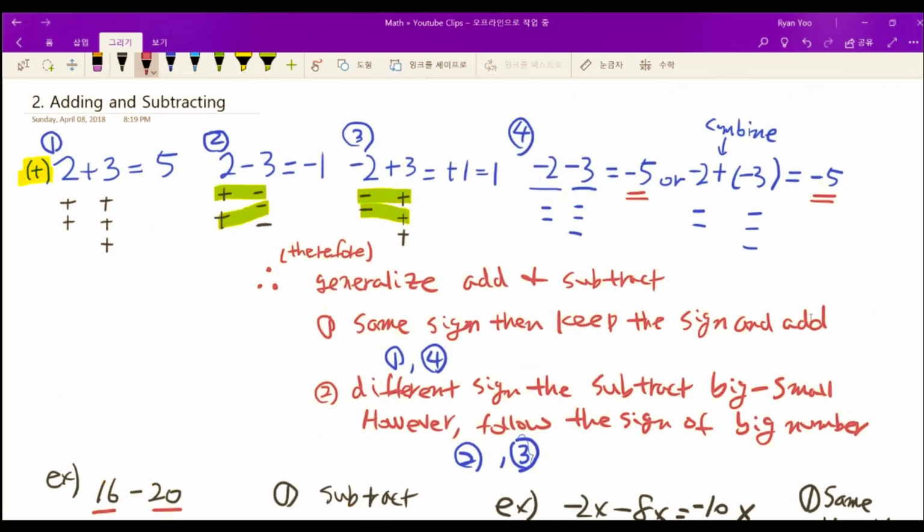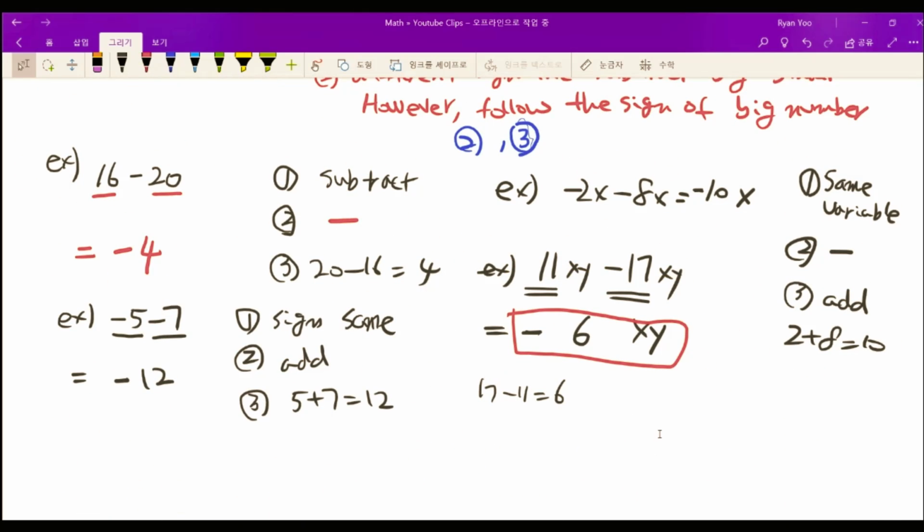So let's summarize everything one more time. When you're adding and subtracting, first of all, look at the sign. If they have the same sign, then keep the sign, then add.